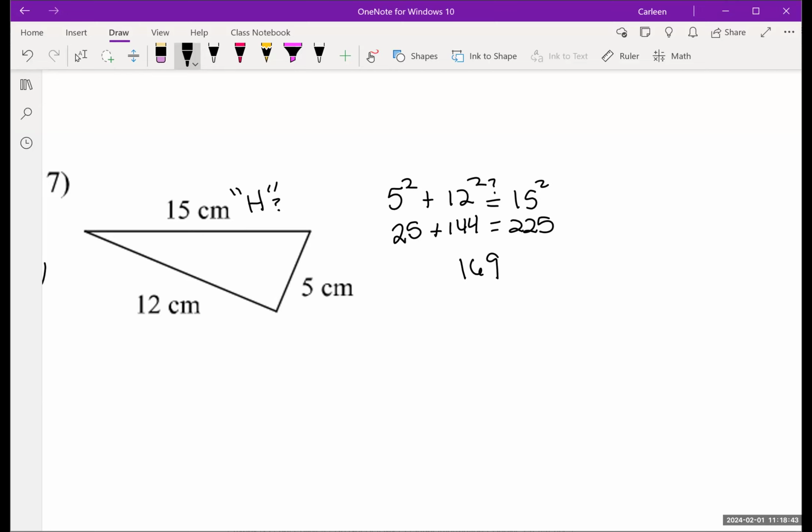Wow, last year I reversed these digits, but it doesn't matter. Okay, is 169 equal to 225? No. So it is not a right triangle.